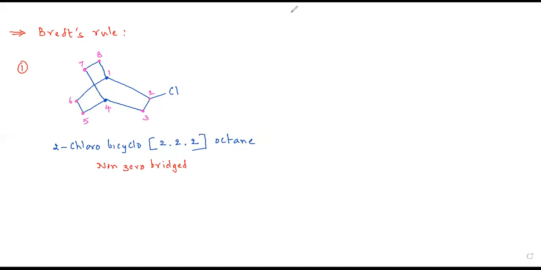Now in this case, if we go for a strong base, of course, there are 2 possibilities, right? So this is the alpha carbon, this is beta, and this also is beta.